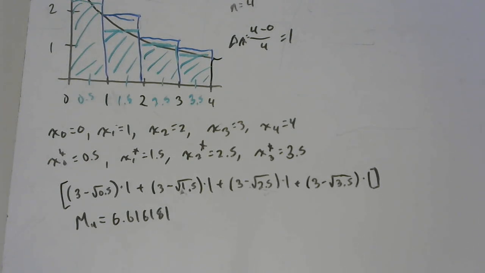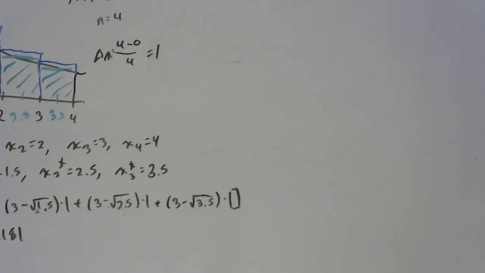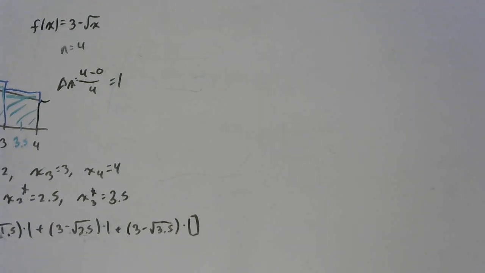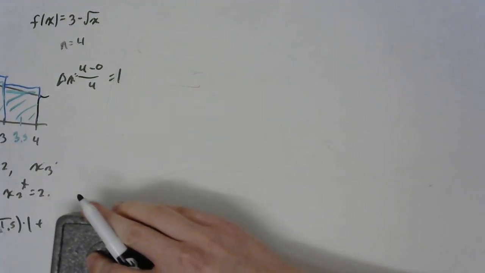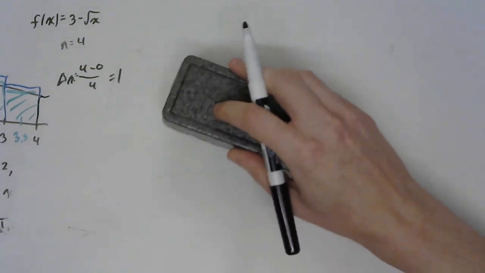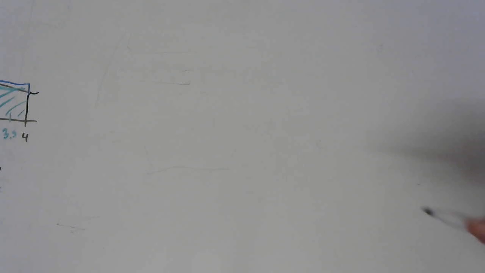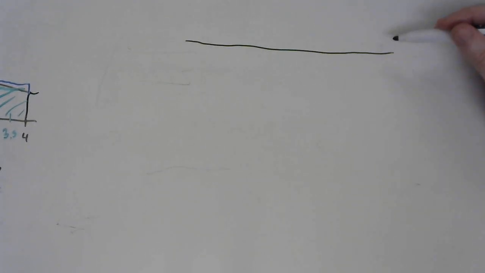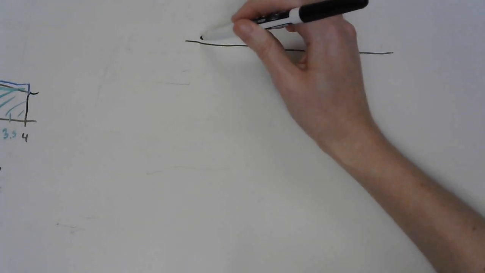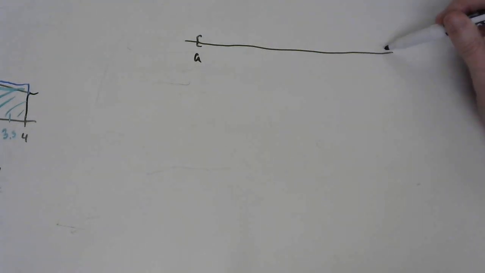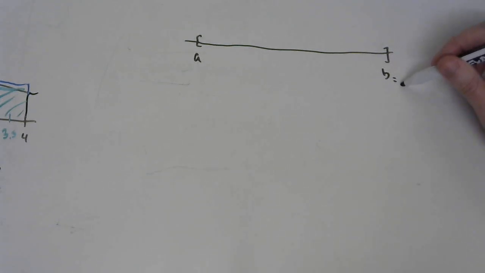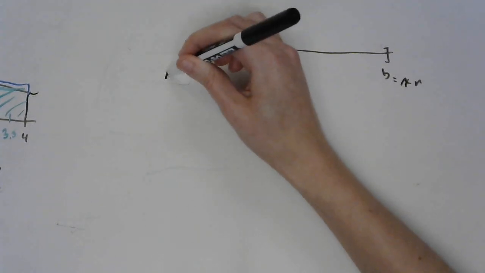It would be good to get a general formula for this, like we have for Riemann sums. So I'm just going to sketch out another interval over here. If I want to look at my x sub i star values, the values that I'm plugging in, I'm starting with my sum on an interval a to b. b is going to be my x sub n, a is going to be my x sub 0.